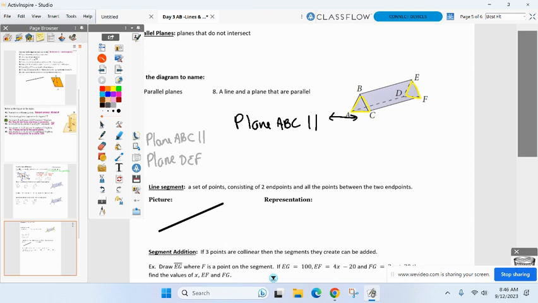So we can take DF. We can take EF. We can take DE. If 2 planes are parallel, one plane is parallel to any line in the other one. Make sense? All right, so if 2 planes are parallel, one plane parallel to any line in the other. All good. All right.